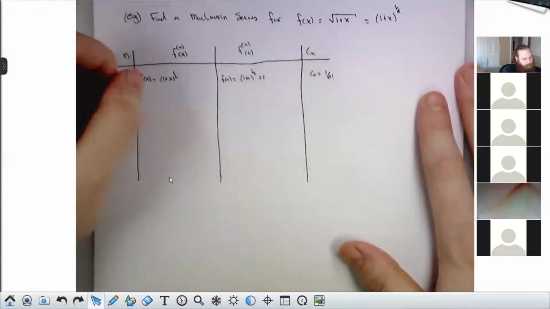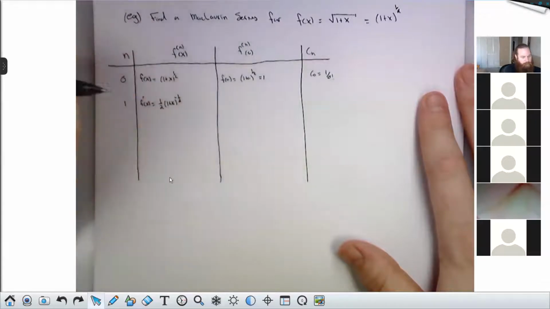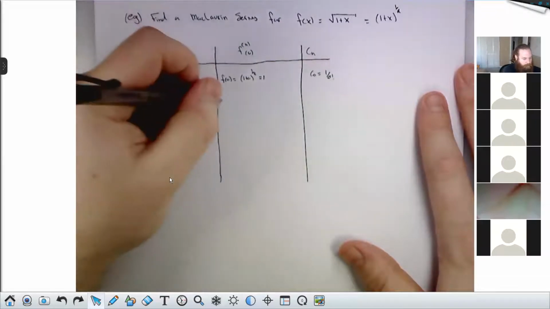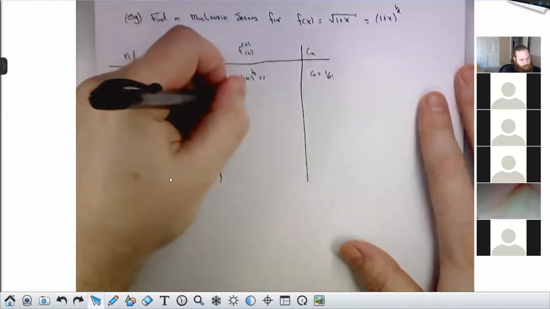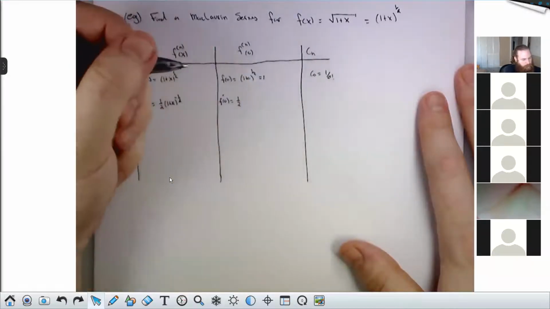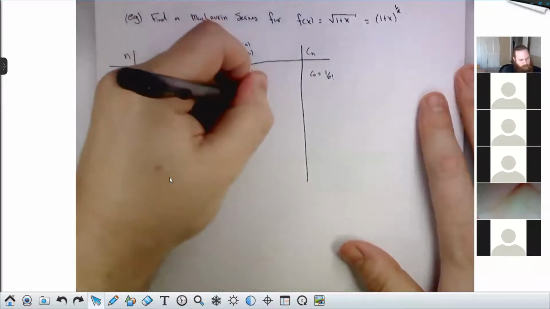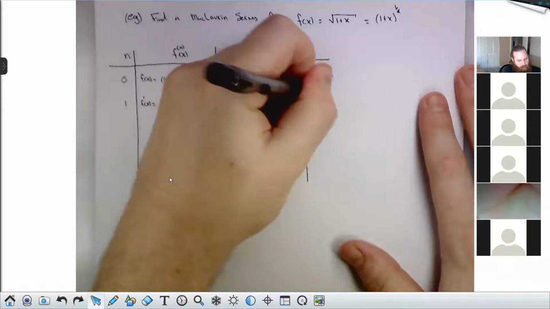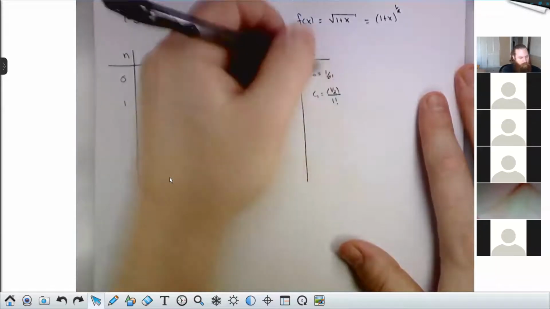If you differentiate once, f primed is 1/2 times 1 plus x to the -1/2. So f primed of 0 is 1/2 times 1 plus x to the -1/2. That's 1 to the -1/2, which is still just 1. So this is 1/2. So C1 is 1/2 divided by 1 factorial.